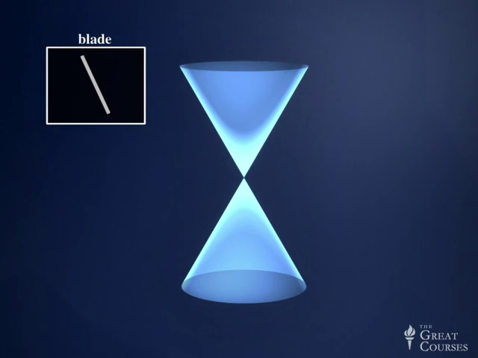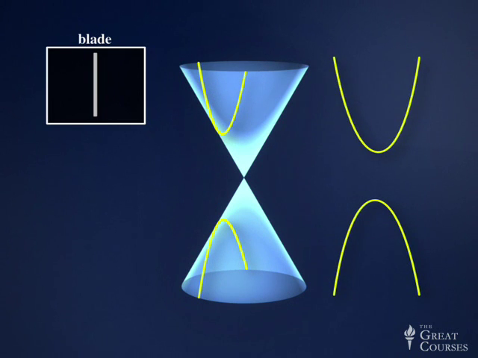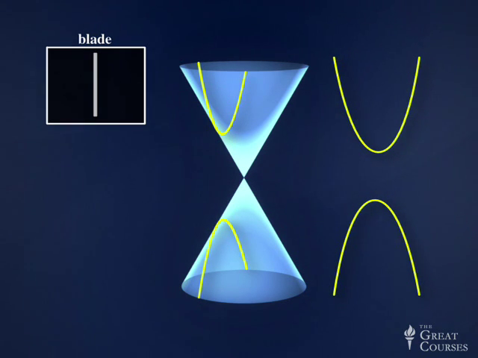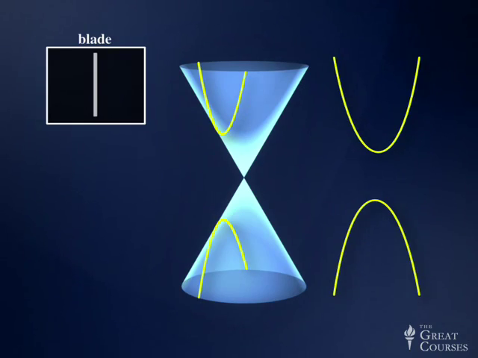And lastly, if you take the blade and turn it completely vertical before it goes through the cones, in that case, you actually cut through both parts of the double cone, and what you get looks a little like two parabolas, one sitting above the other. Well, they're not exactly parabolas, but the shape that you get, which is a U on top and a sort of upside down U on the bottom, is called a hyperbola. And in this lesson, we're going to talk about parabolas and these hyperbolas.